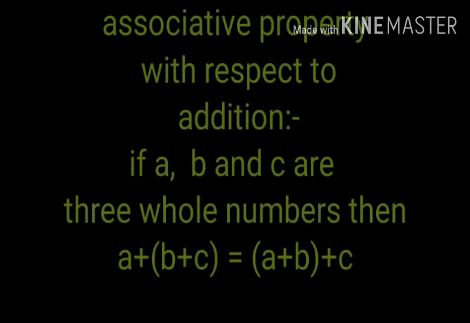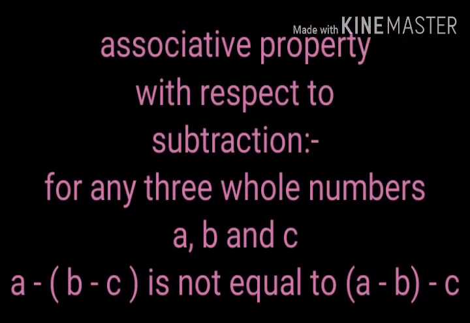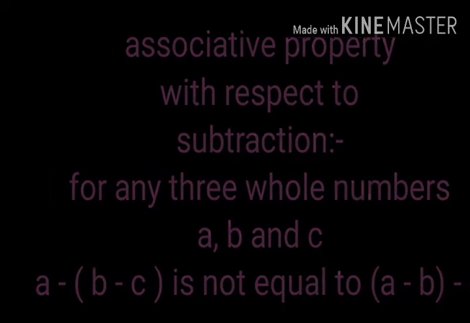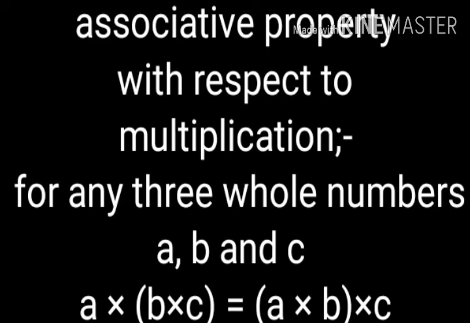Associative property with respect to addition. If a, b and c are three whole numbers, then a plus (b plus c) equals (a plus b) plus c. Associative property with respect to subtraction. For any three whole numbers a, b and c, a minus (b minus c) is not equal to (a minus b) minus c. Associative property with respect to multiplication.